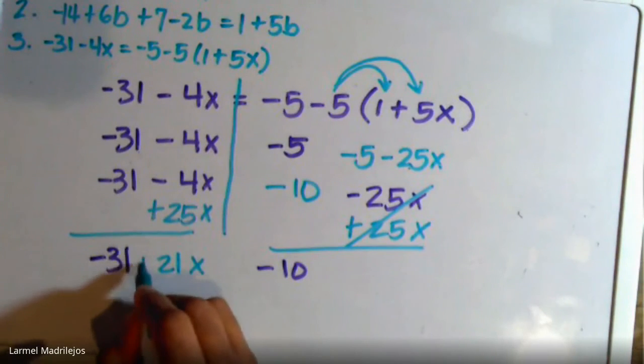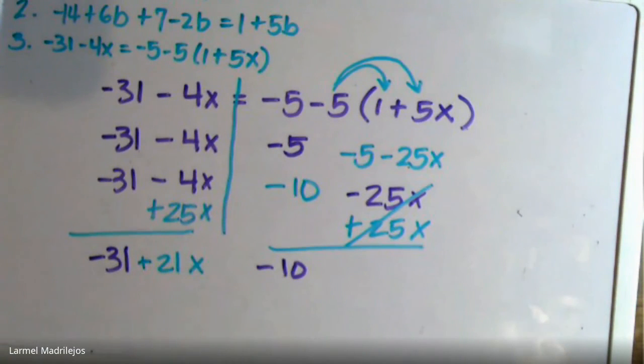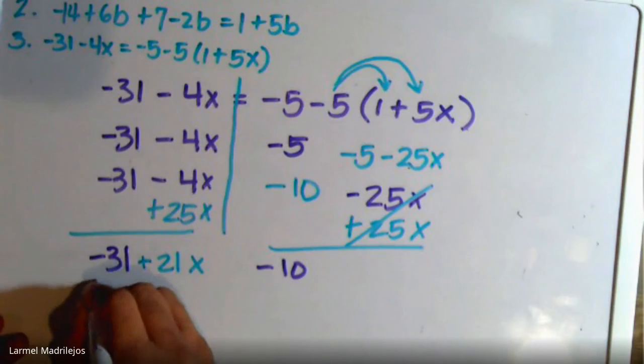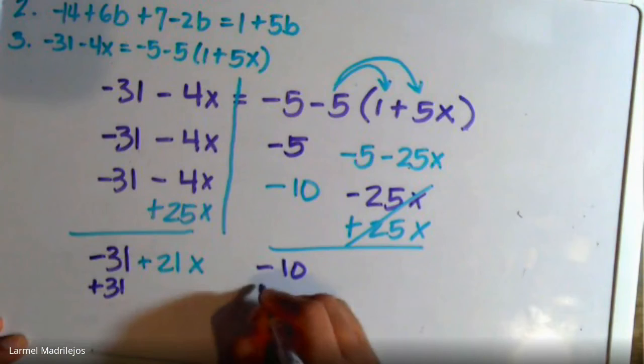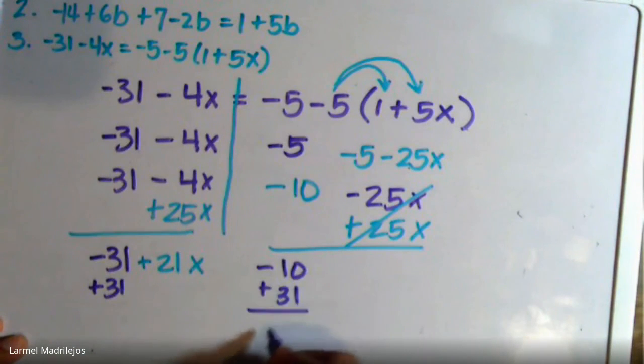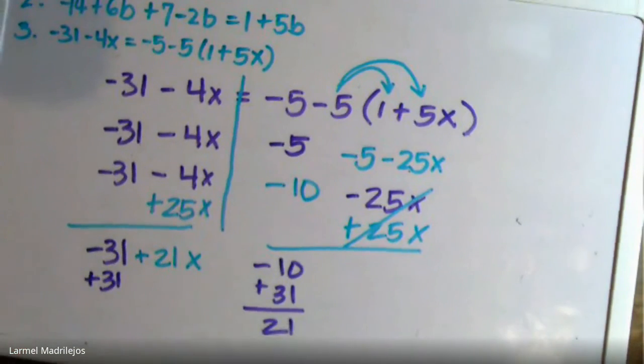So this is positive. So this time, looks like we're close to the end. I'm going to move my 31 to the other side of the equation. So I'm going to do the opposite of negative 31, which is plus 31, and plus 31 here. This gives me 21 positive.